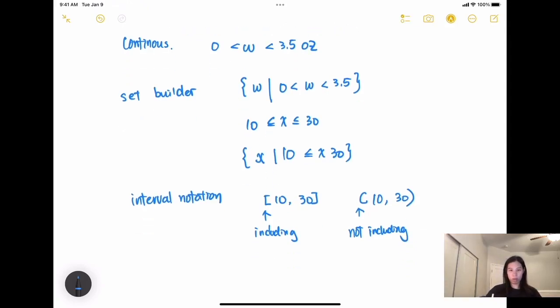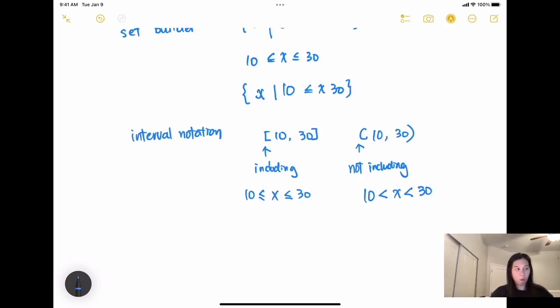What's the difference between these two? The bracket means x is greater than or equal to 10 and less than or equal to 13. But the second one, with the parenthesis, not the bracket, means 10 is less than x and x is less than 13. There's no equal sign. That's the difference. Or if we write something like h is in between 10 to 5, we call it half open or half closed.